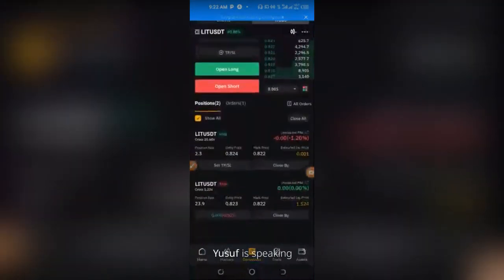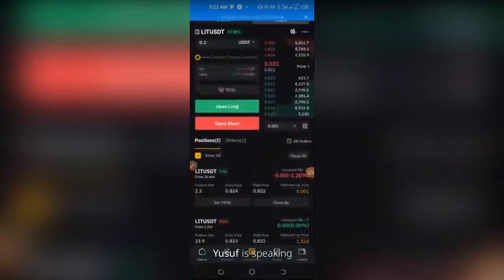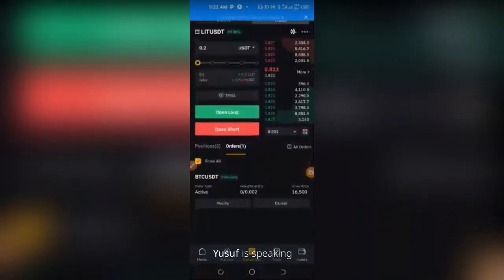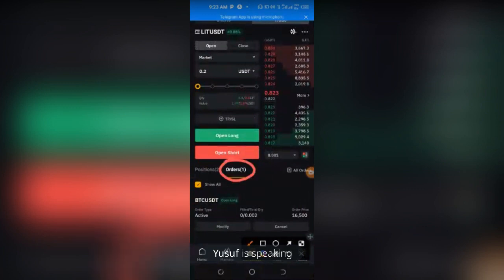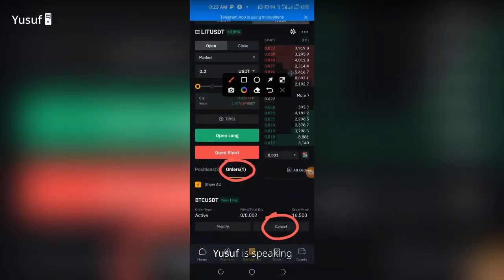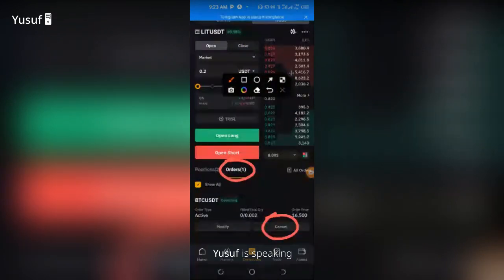So that is that. From this point, if there is any question, let us give room for questions. Let's open the floor. Let me say, if I want to cancel this trade now, that I don't want to put BTC on pending order again, you can come under order here. Then I'll click on cancel. Or if I see that this 16.5 is too low, that it is not picking, I can come and modify. Can you see modify? I'll just click on modify.